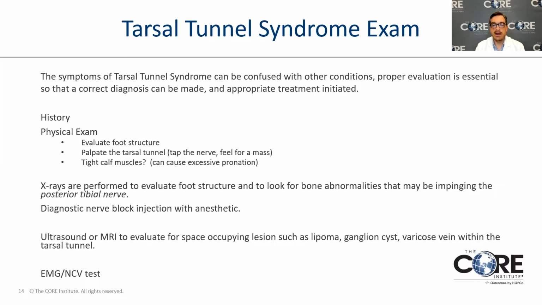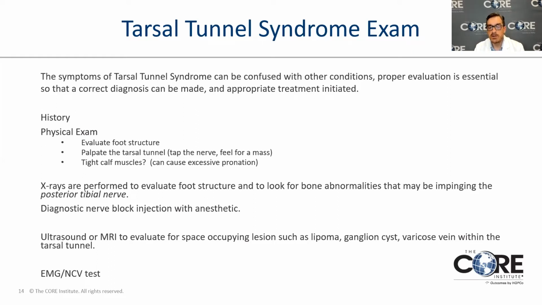Also, an MRI can help pick up if the main vein to the bottom of the foot is within the tarsal tunnel. Sometimes a person can have a deep varicose vein that is not noticeable just by looking at the foot, and that varicose vein, because it's bulging, can compress the nerve.